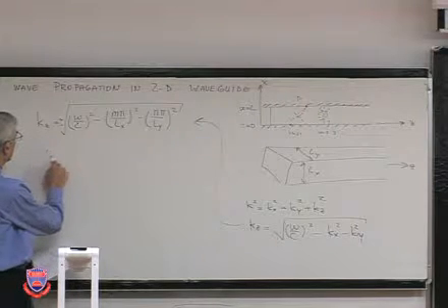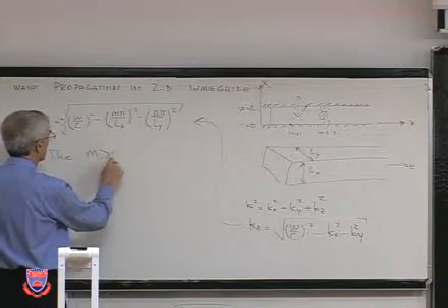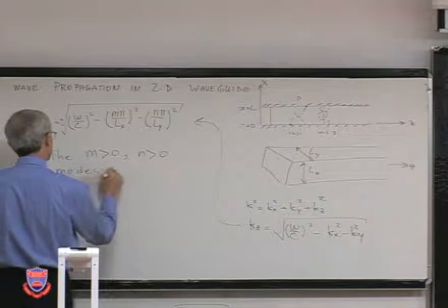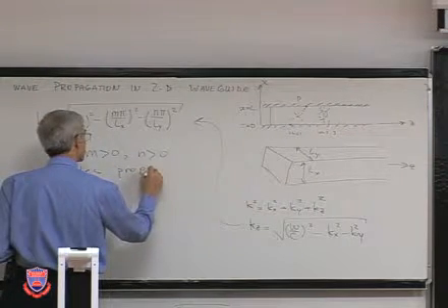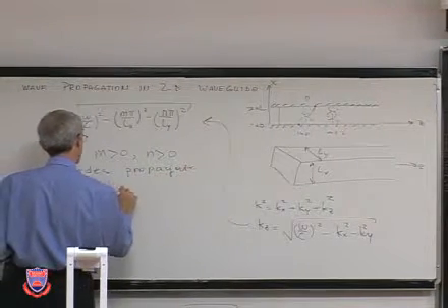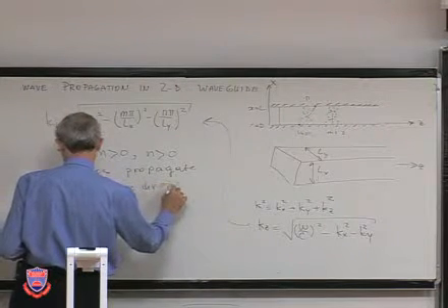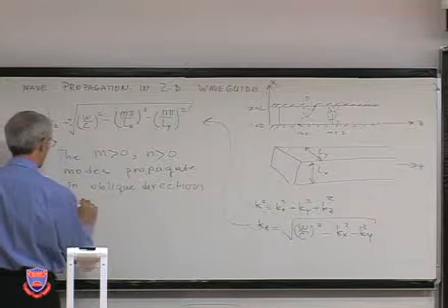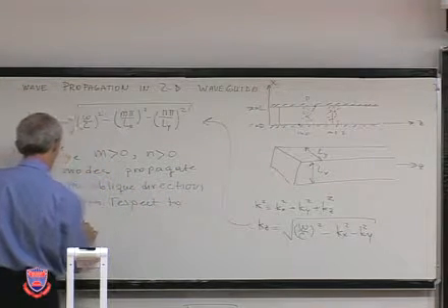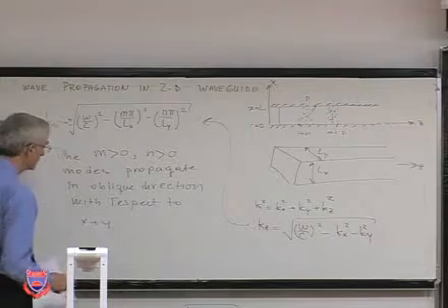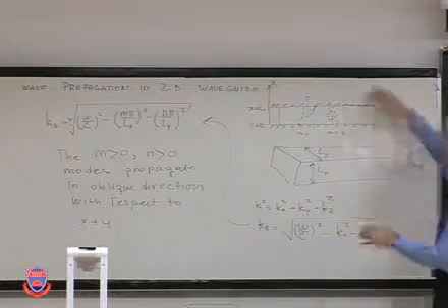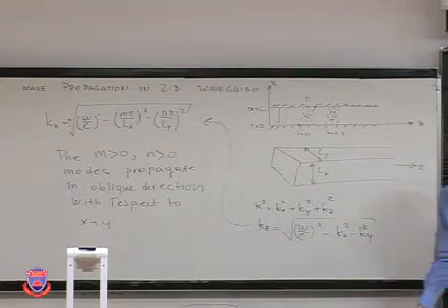And then make a note that the M larger than 0 and N larger than 0 modes propagate in oblique direction with respect to X and Y. In other words, sound wave will be bouncing back and forth as it travels down.